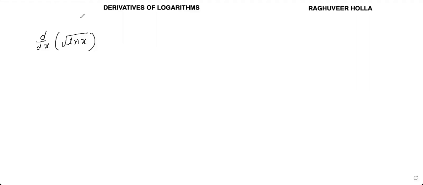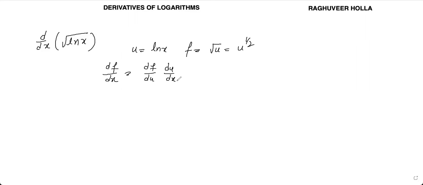Now let us look at this problem. So we'll apply the chain rule here. So u is ln of x. So f is square root of u or u to the power of half. So df by dx is df by du and du by dx.